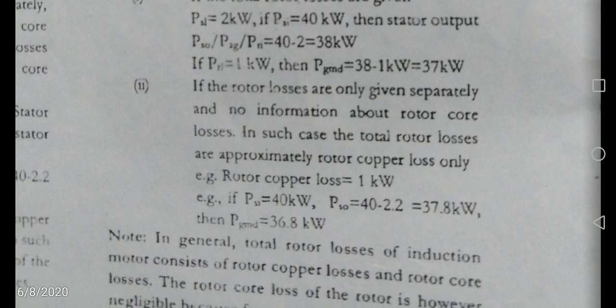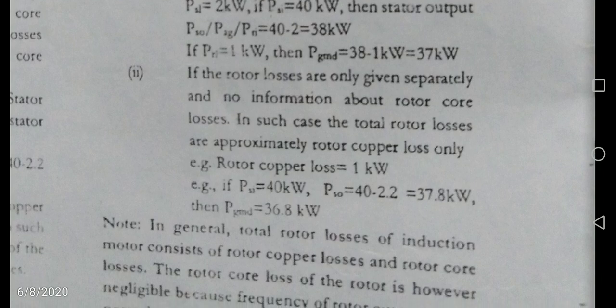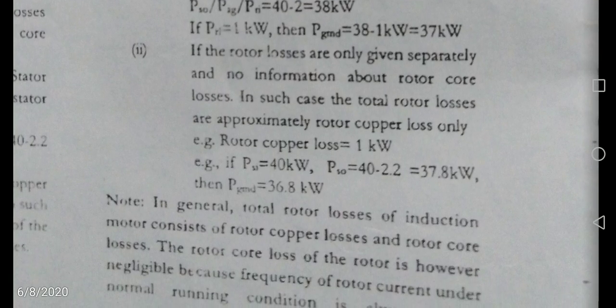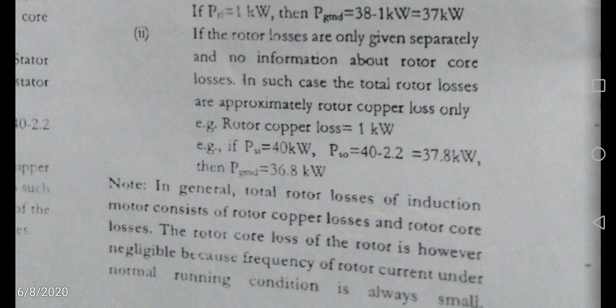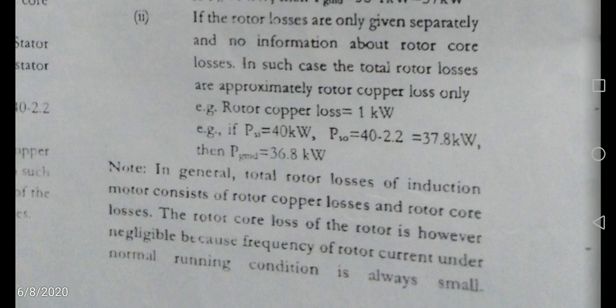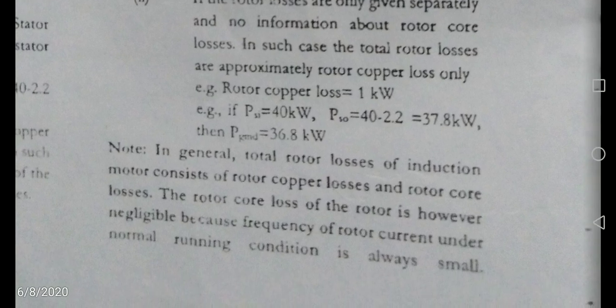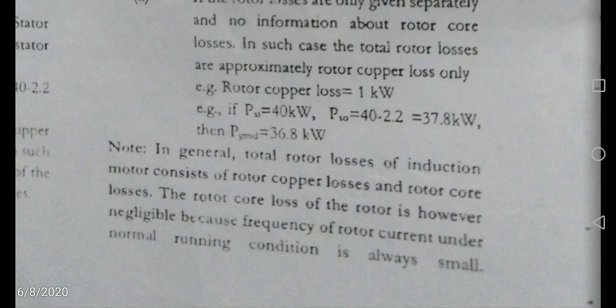So if the rotor losses are only given separately and there is no information about rotor core losses, in such a case total rotor losses are approximately rotor copper losses. So it is rotor copper loss 1 kilowatt, 40 kilowatt is the input.